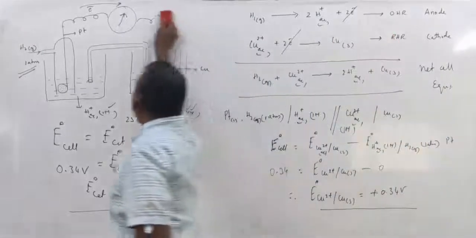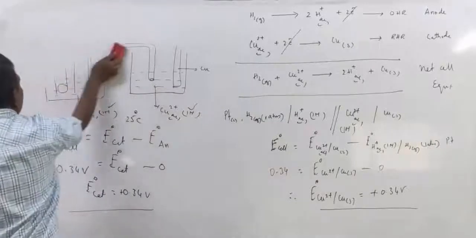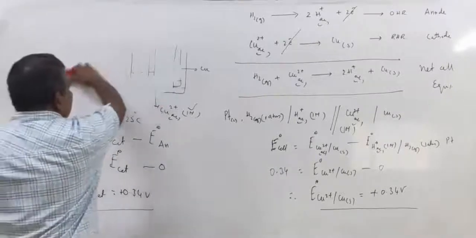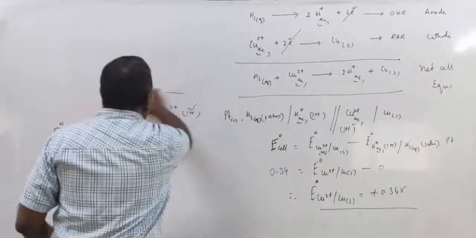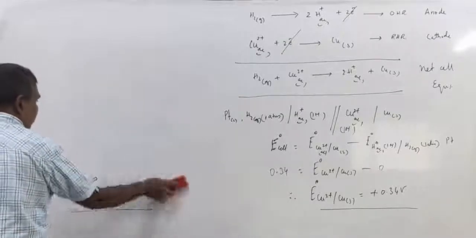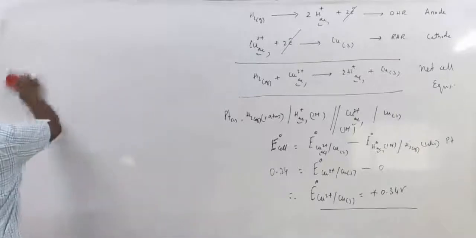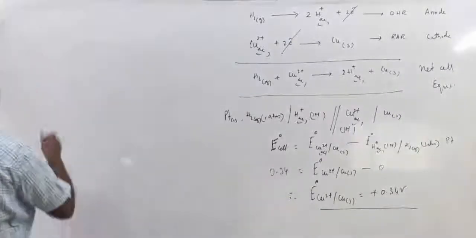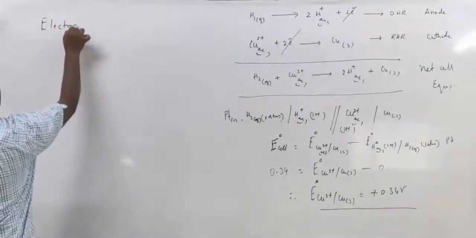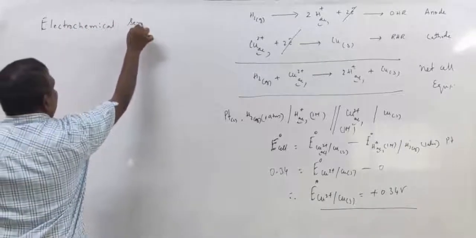If the electrode potentials of all electrodes are arranged in either increasing order or decreasing order of their electrode potentials, we will get a series. That series is known as the electrochemical series.